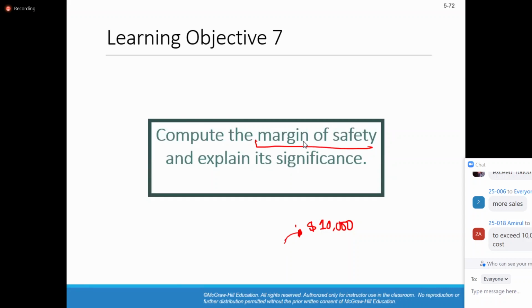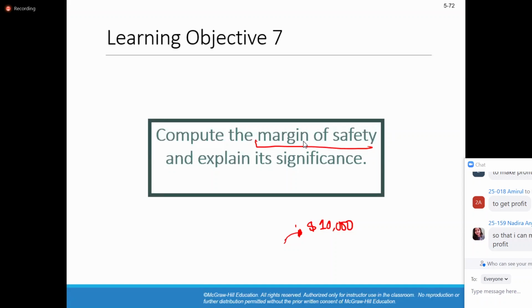Why do you think it is essential always to achieve a sales amount which is greater than the 10,000 break-even sales amount, which is causing you to make a profit? That is one reason. Okay, what about other reasons? Remember, in economics, there is a question: does break-even sales cover the profit?